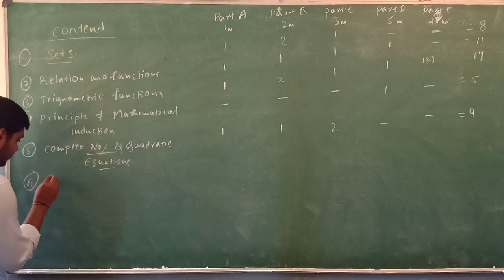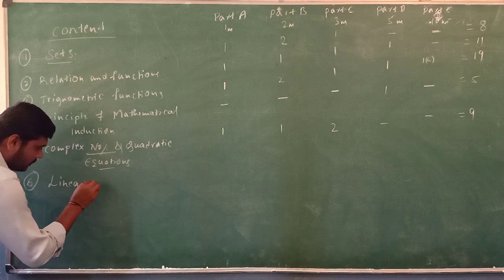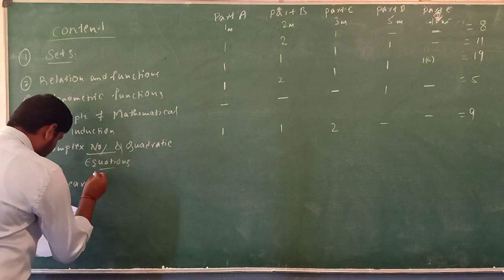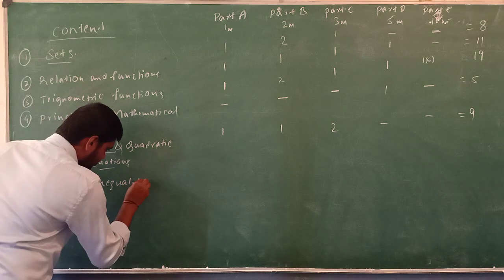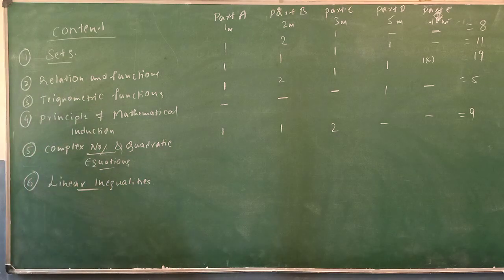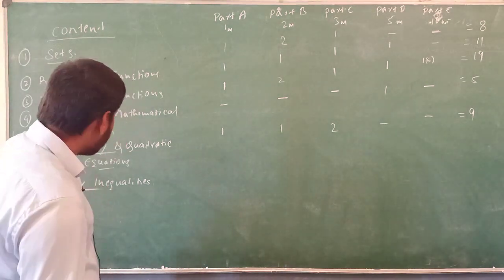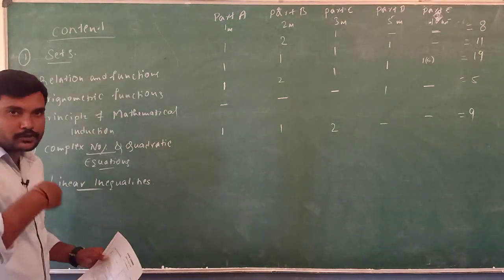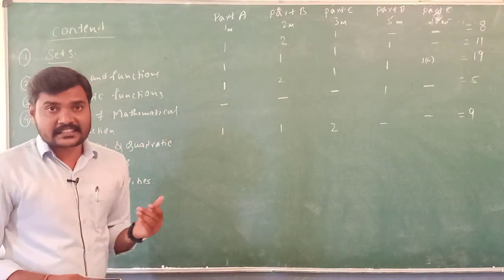Then the sixth chapter, linear inequalities. I think you are familiar with graphs: how to write, how to derive, how to construct a graph, where the x-axis and y-axis are.